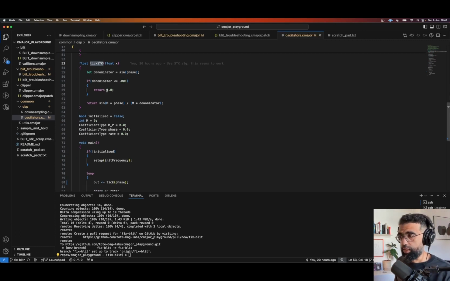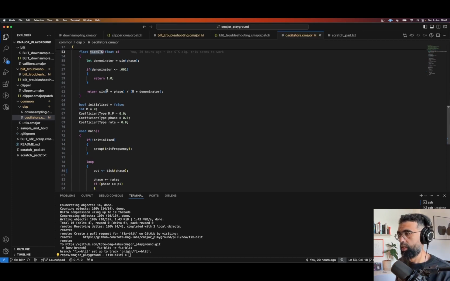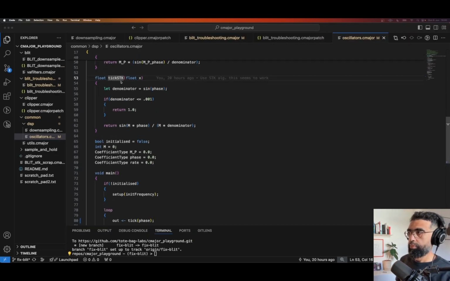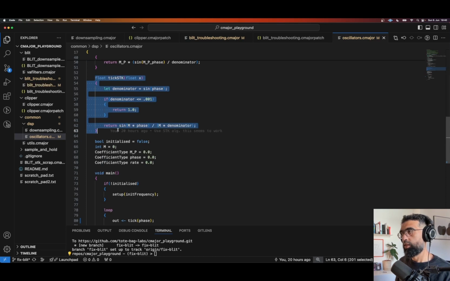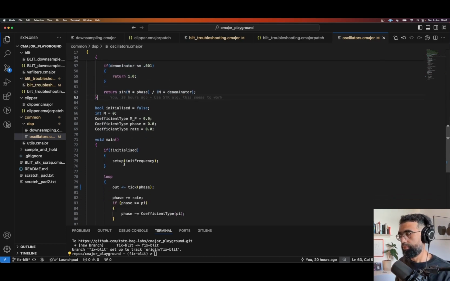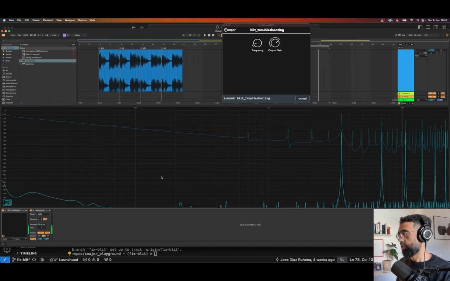Now, here is the thing about that. I've brought back the Synthesis Toolkit version of the band limited impulse train. What we can do here is simply change the calculation we're using. Let's see what happens. When I save this, we should be seeing, holy smokes, look at that.